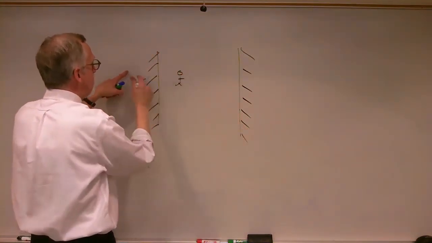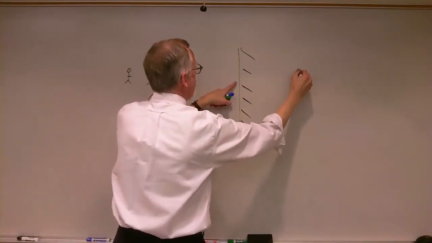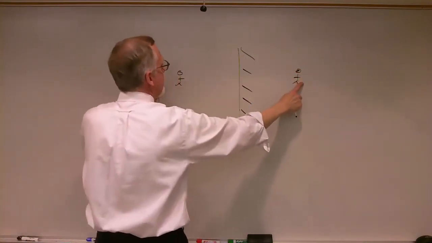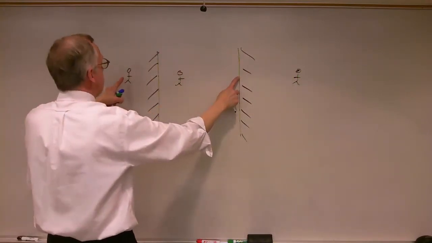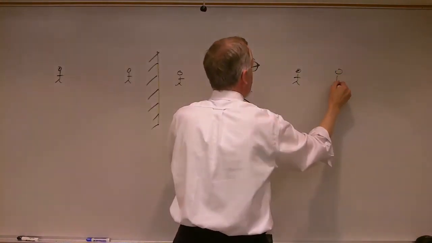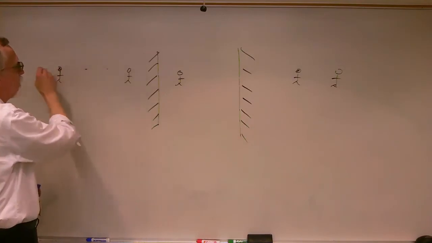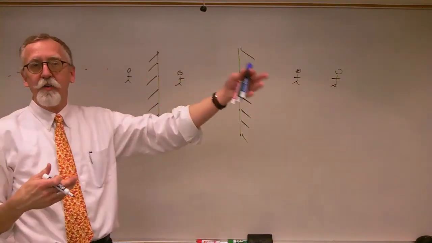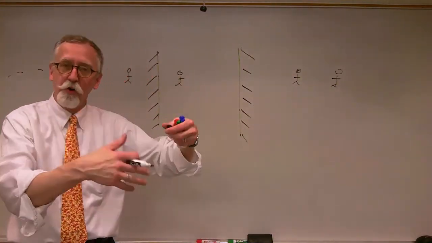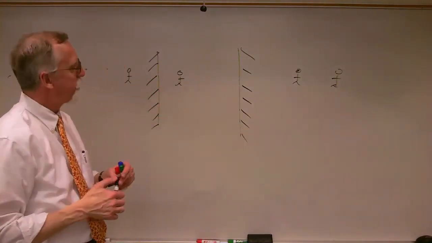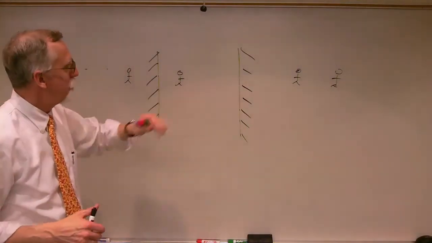Well, you see an image of yourself over here, and then this one creates an image of you over here, and then this one creates an image of you over here, and this one creates an image of you over here, and you end up with images of images of images, and you just see this continuation of yourself or someone standing next to you going off to infinity, over and over, all of these different images of images of images. You might have seen something like that.